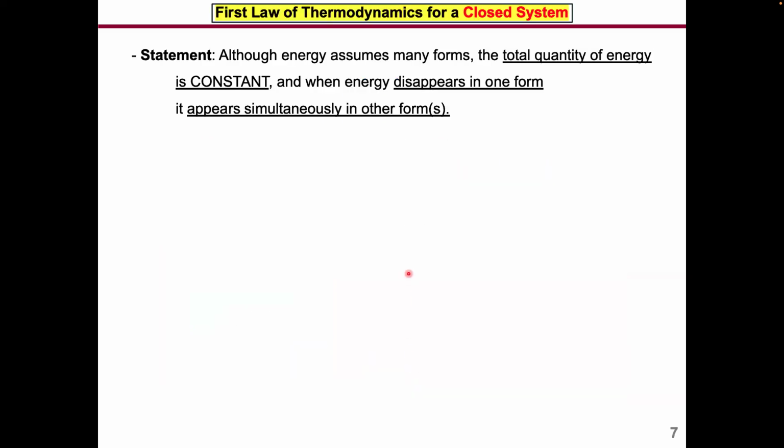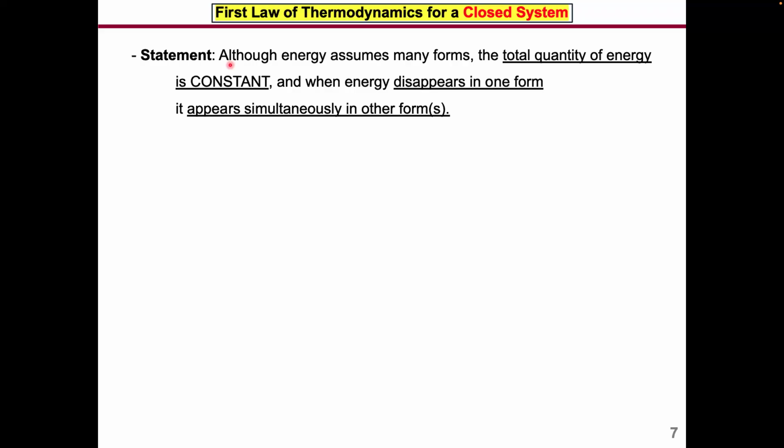All right. So now we have defined what a system is, what a surrounding is, and what the interaction between the system and surrounding is. And now we can start talking about the first law of thermodynamics for a closed system. Okay, so here we are talking about a closed system specifically, meaning that you have fixed content within that system. Okay. So the statement of the first law of thermodynamics, let's just read it.